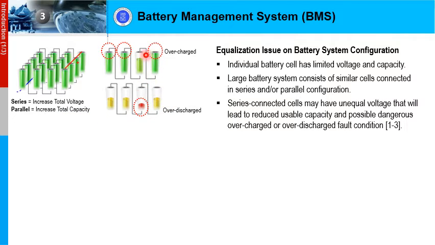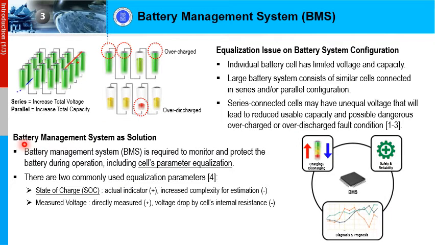However, if there is a weak cell in series configuration, it may lead to overcharge or over-discharge fault conditions. So, the battery system must be equipped with a battery management system, or BMS, to monitor and protect the battery during operation, including cell parameter equalization, such as state of charge or SOC and measured voltage.